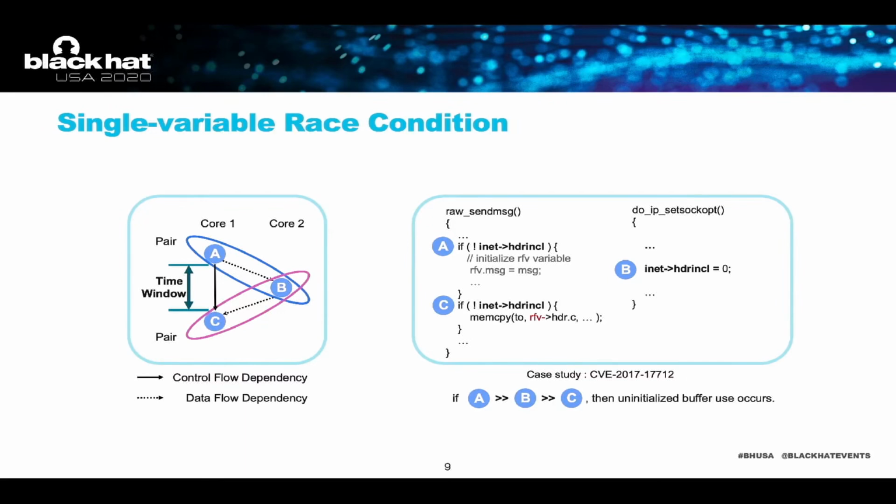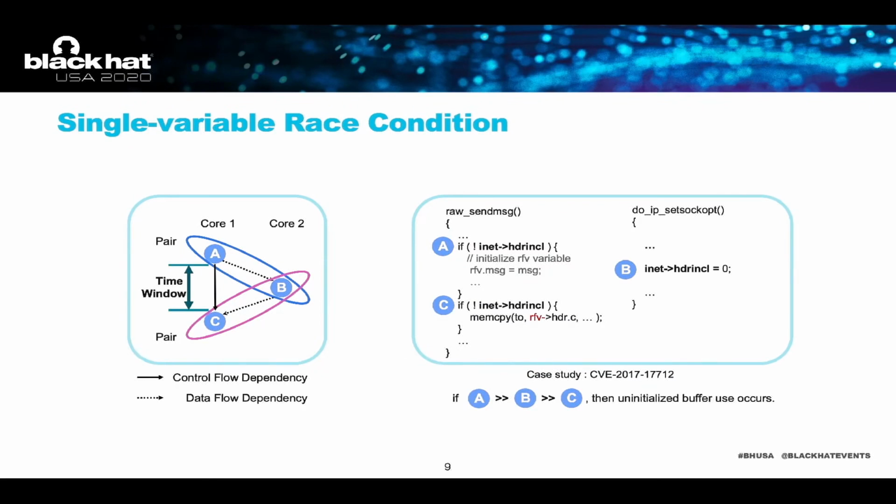The single variable race condition is the most basic type of race condition vulnerability, where every race instruction pair centers around a single variable. For example, the figure shows two race instruction pairs, between the instruction A and B and between the instruction B and C. And they both interact with each other by a single variable.